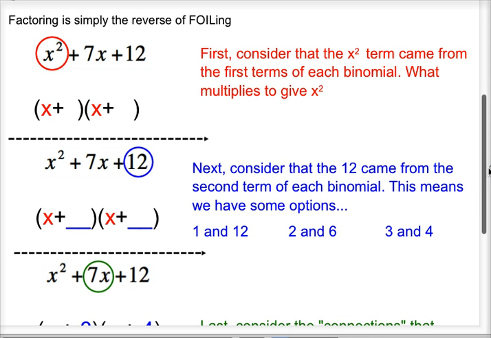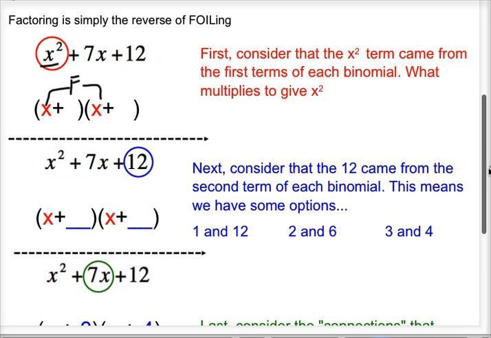So I'm starting with x squared plus 7x plus 12. Now, I want you to think that x squared term right there, where did it come from? Well, in the foiling process, the x squared came from the F. Okay? It came from multiplying those first 2 terms.